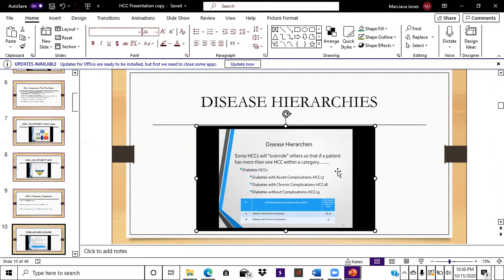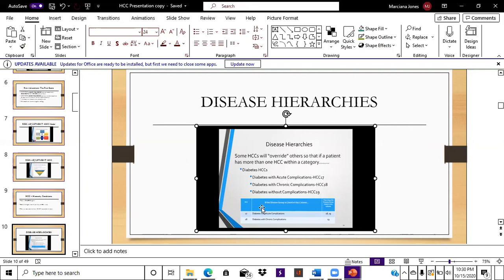Chronic complications like neuropathy, renal (your kidneys), and your eyes go into HCC 18. And diabetes without complications, which is your regular diabetes codes, E11.9, goes into 19.